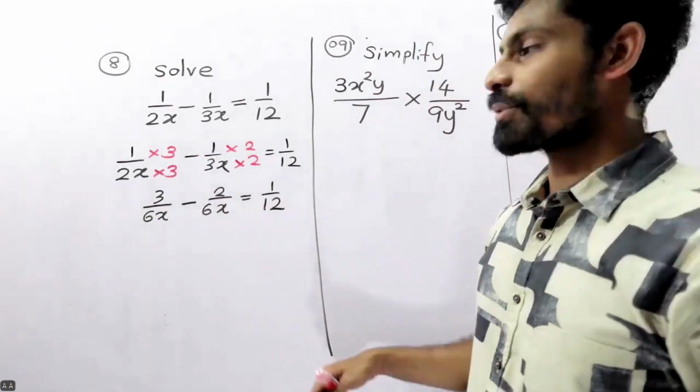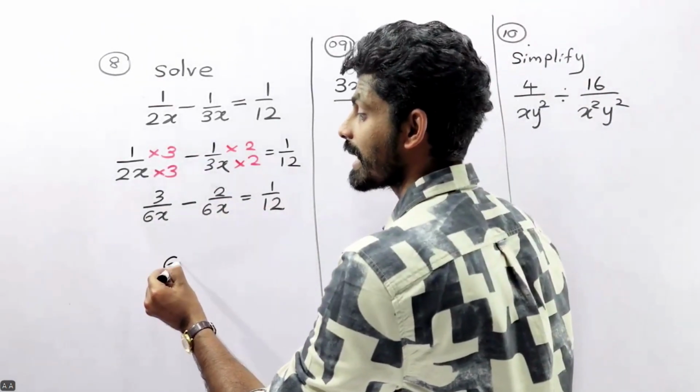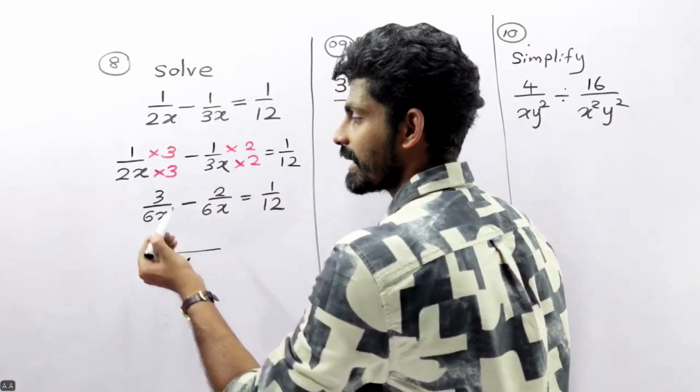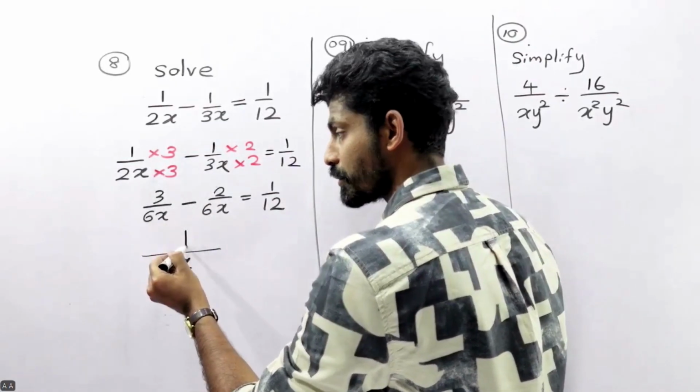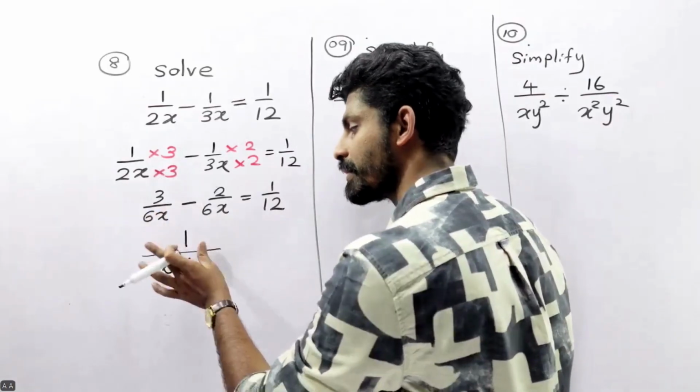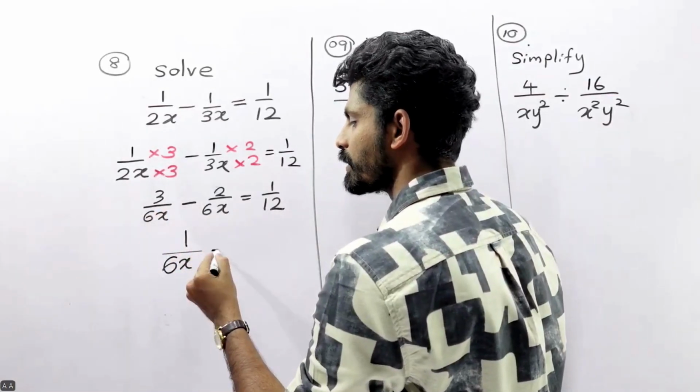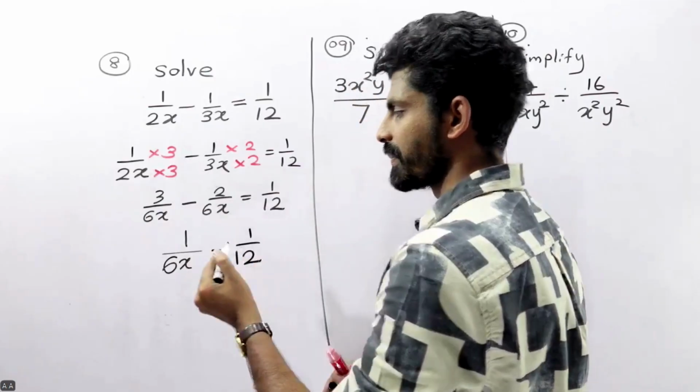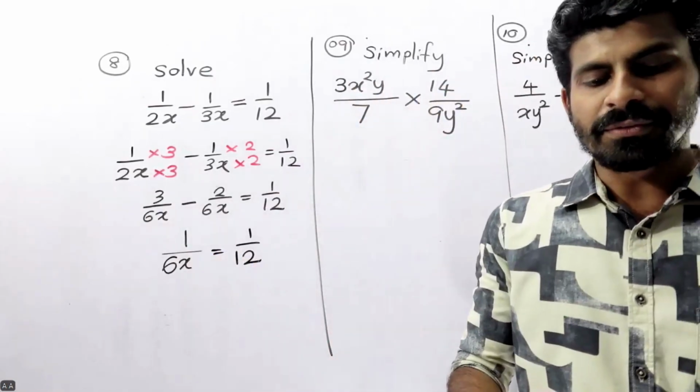Then 6x is common. 3 minus 2 equals to 1. So 1 over 6x equals to 1 over 12. How to solve this kind of equation?